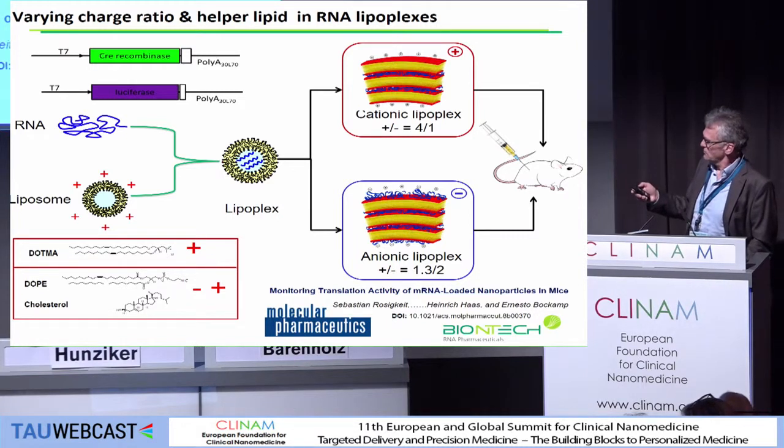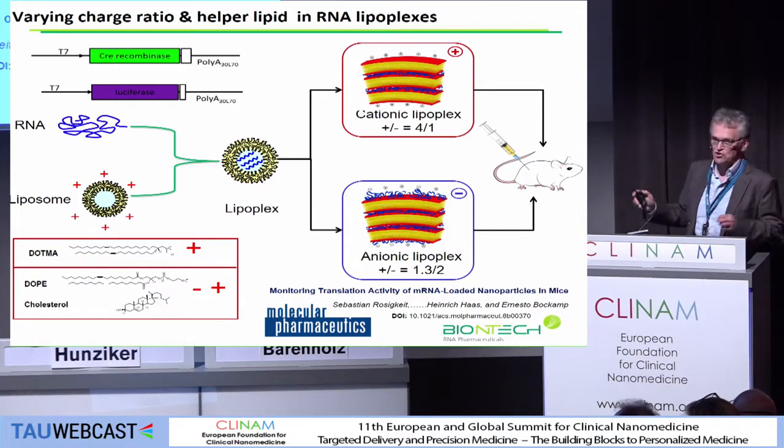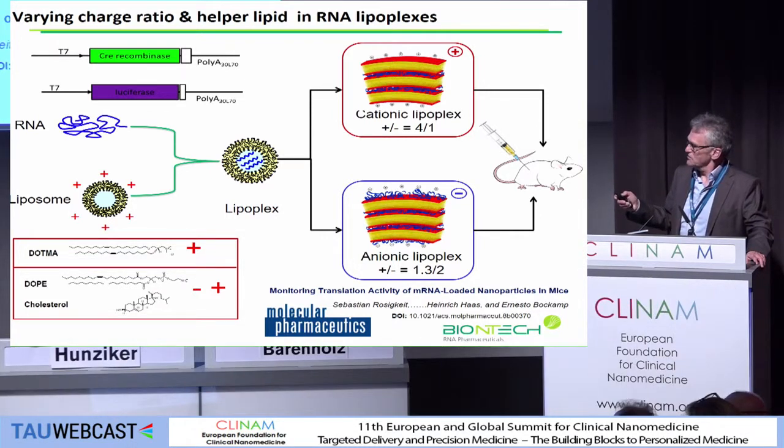This is from a recently published paper where we compared also very limited parameters, just having a positively and a negatively charged product, where we assembled the nanoparticles from two types of liposomes, both having one single cationic lipid, and the helper lipid was varied. It was either selected as DOPE, a phospholipid, or cholesterol.